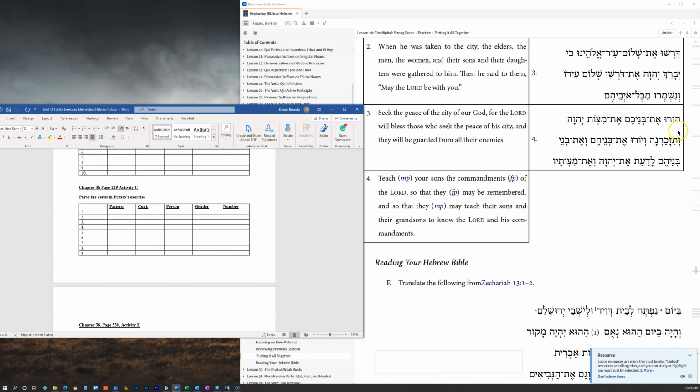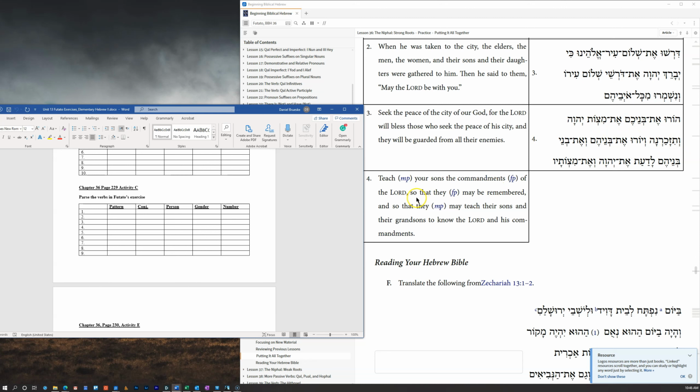The fact that he does a vav conjunction with an imperfect indicates the relationship between these verbs needs to be explored. And he's exploring that relationship as the second verb is the result of the first verb. And so he translates that so that they may be remembered.